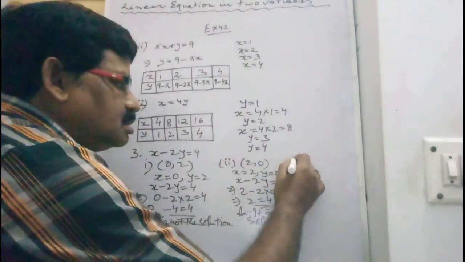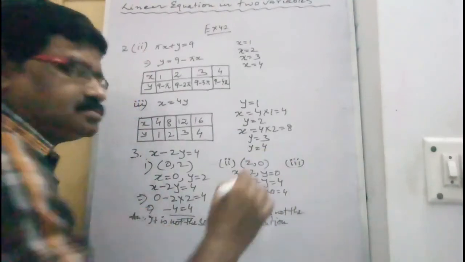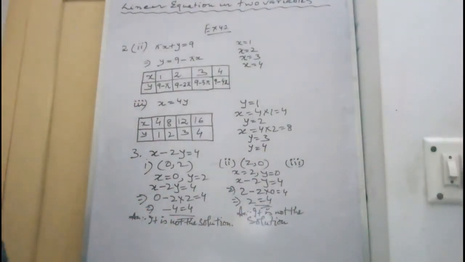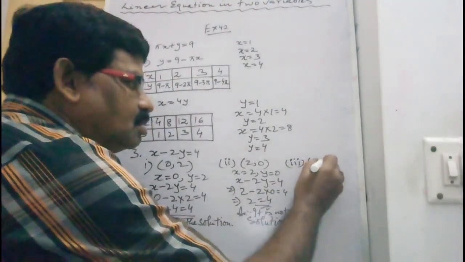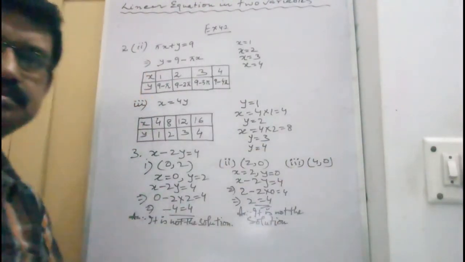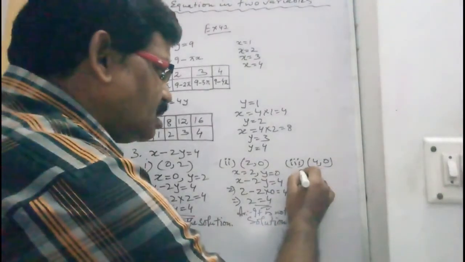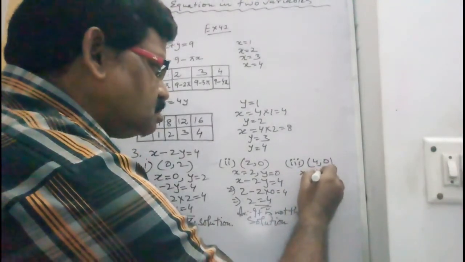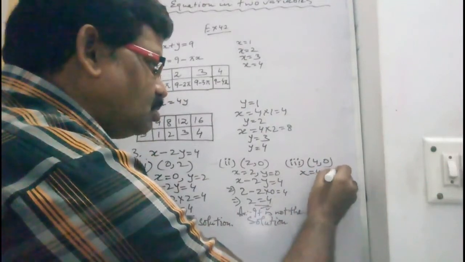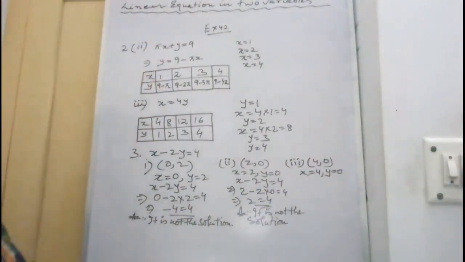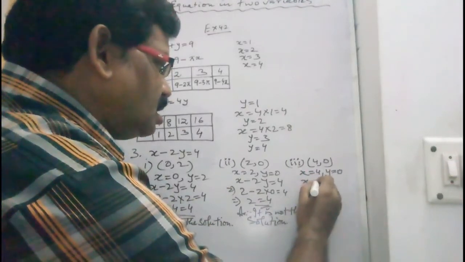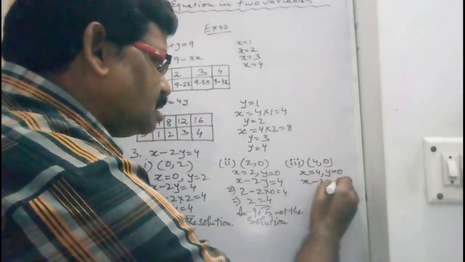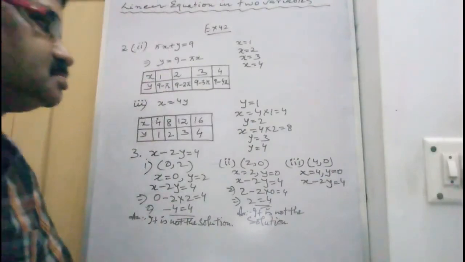Now third one, (4, 0). So value of x is 4, y is 0. So now write the equation x minus 2y equal to 4.